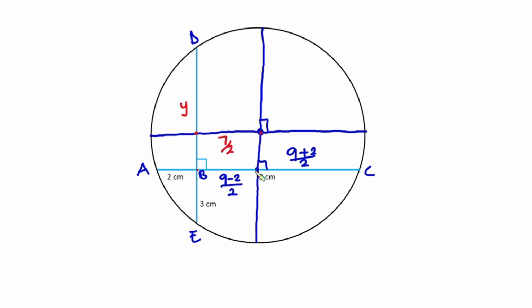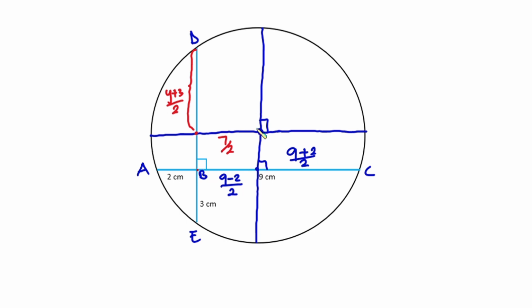Now another thing is we're going to find the distance from this point to D. We know that the distance from D to B is Y, and then the distance from B to E is 3. So to find the distance from this point to D, we know that the distance from D to this point is half of the distance from D to E. So the distance from this point to this point is actually (Y plus 3) divided by 2.